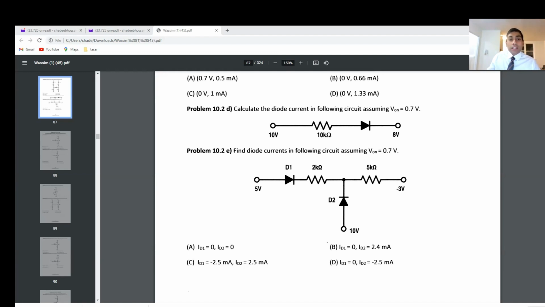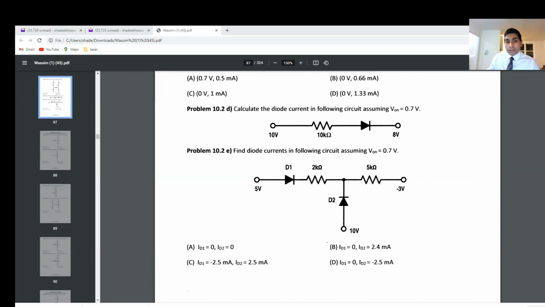Let us first assume that D1 and D2 are both on. As we know, if both of them are turned on, this is a 0.7 voltage drop, and this is another 0.7 voltage drop, right? So you have to subtract the potential difference, 10 minus 0.7, because there's a potential difference.